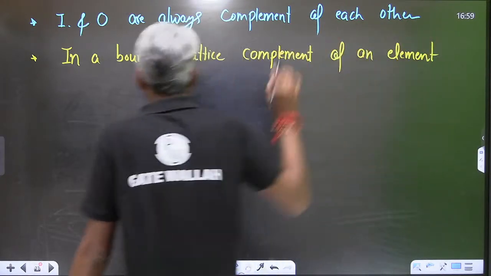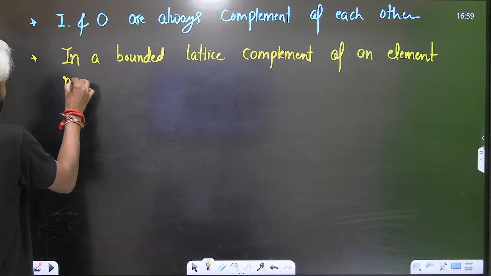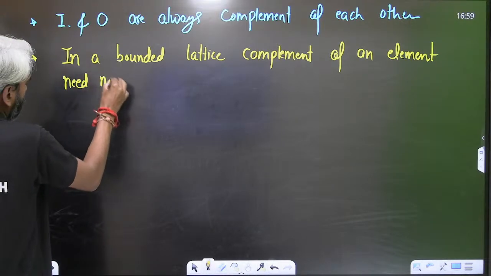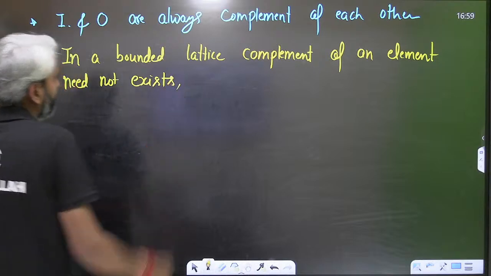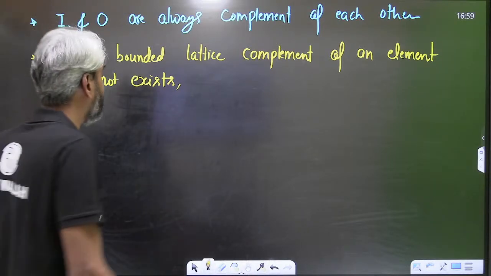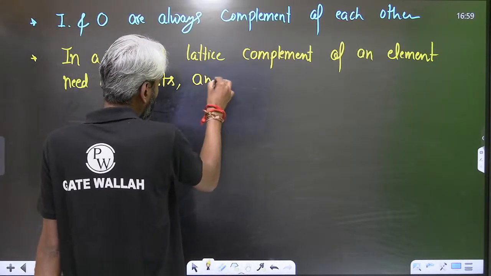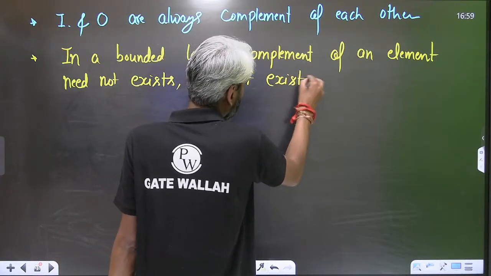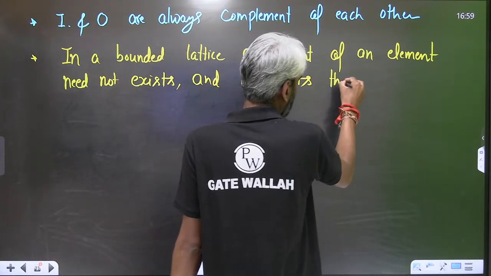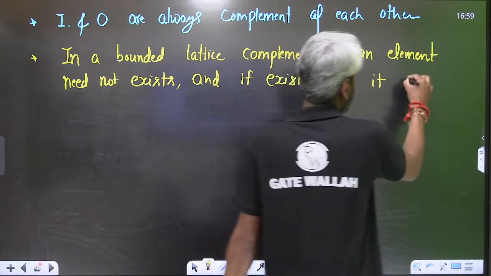It's not necessary for a complement to exist for every element, and even if it exists, it need not be unique.